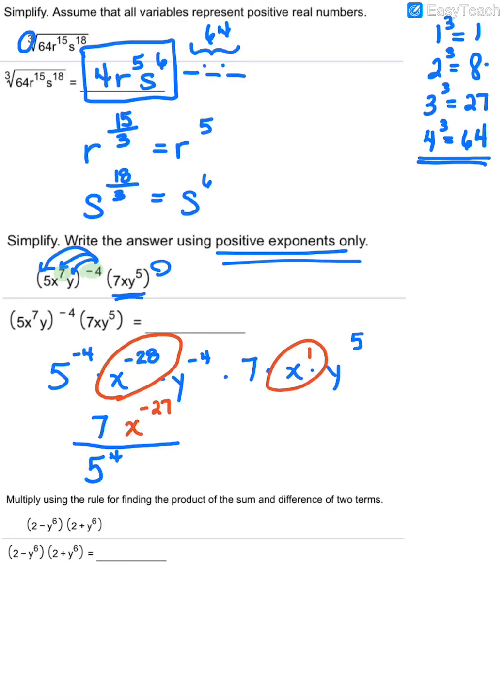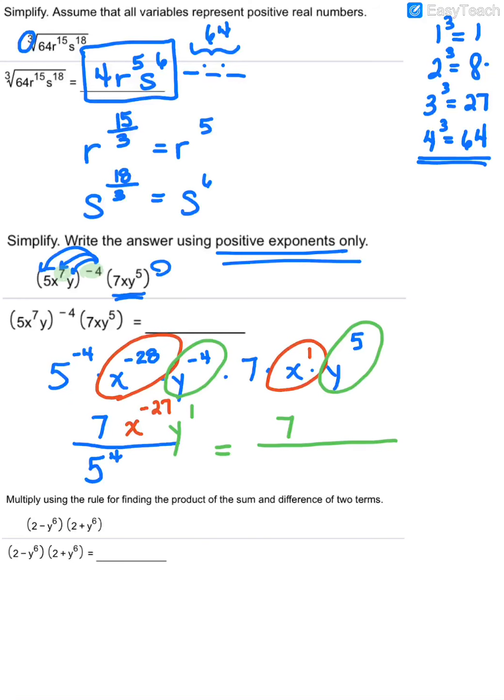We'll deal with moving that in just a minute. And then finally, the y's: you have a y to the negative 4th times a y to the 5th. Again, you add their powers, and that will leave you with y to the 1st.